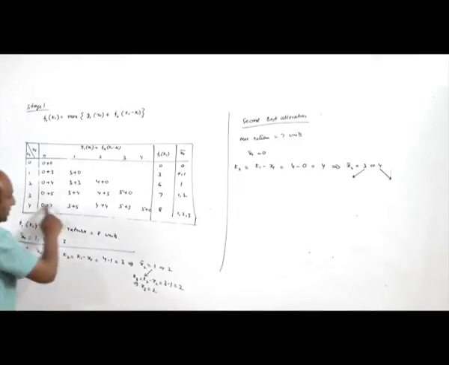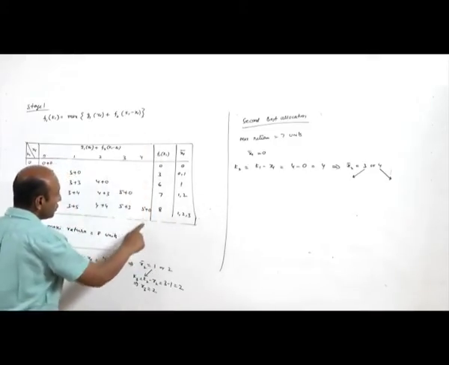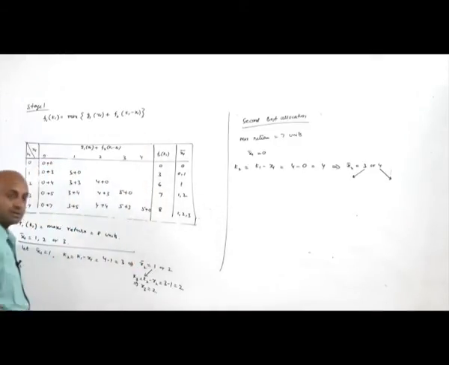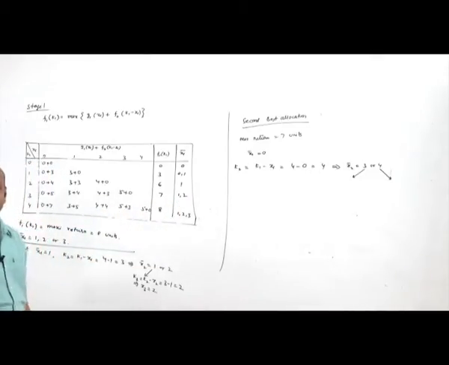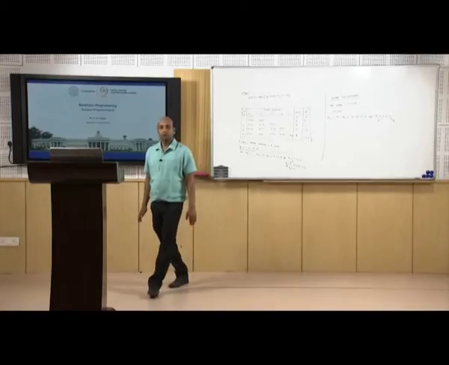Now, if you delete this row and this column, the return is 7 units, which we obtain when x1 bar is 1 and 2, and now K1 is 3, because only 3 units of capital are available. So, we will use the same algorithm, same steps to find out the optimal solution. Okay.